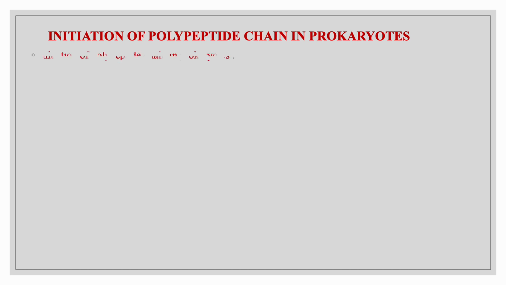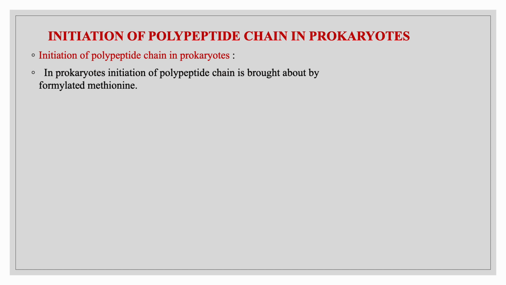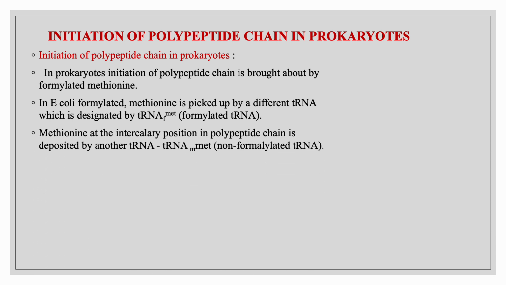Initiation of the polypeptide chain in prokaryotes: in prokaryotes, initiation takes place by formylated methionine. In E. coli, formylated methionine is picked up by a different tRNA designated tRNA F-met, that is, formylated tRNA.